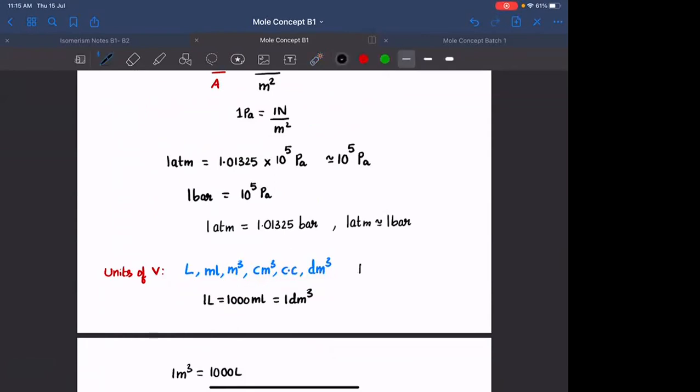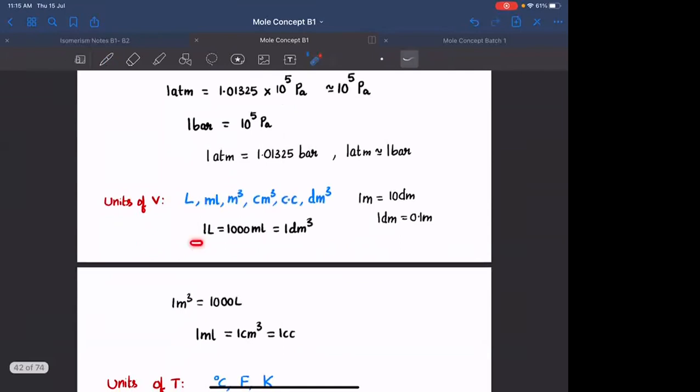You may know the relation 1 meter is equal to 10 decimeters, or 1 decimeter is equal to 0.1 meters. The relation between liters and milliliters: 1 liter is equal to 1000 ml, which is equal to 1 dm cube.